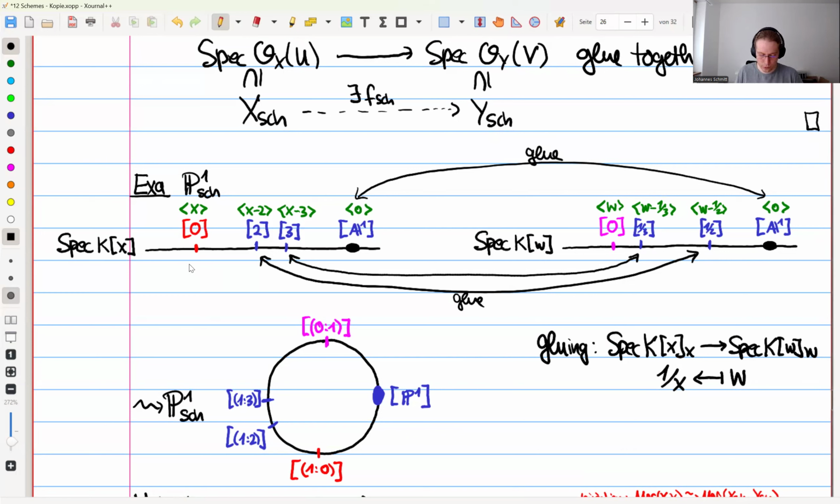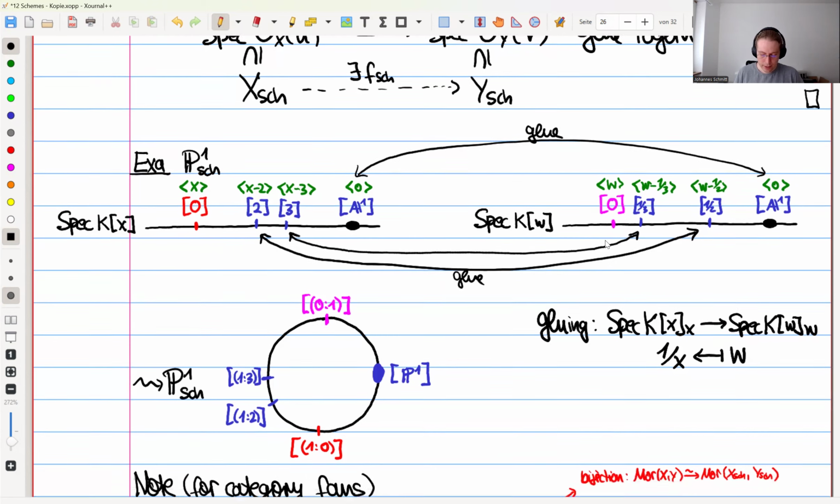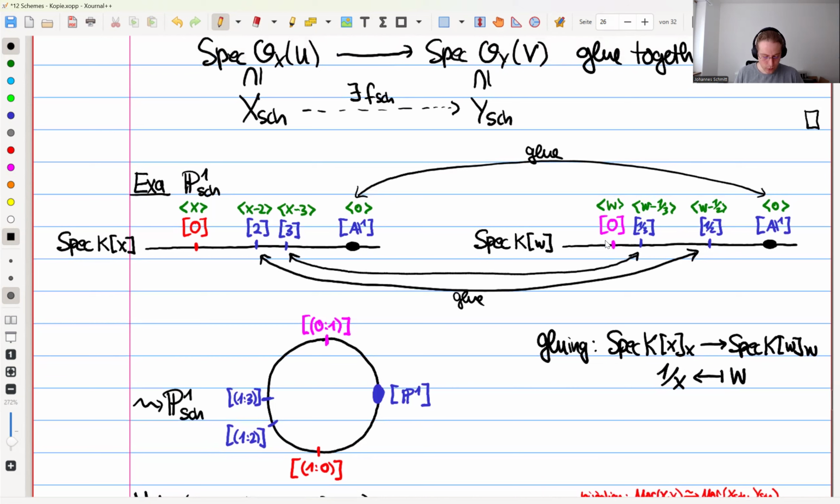If you glue this scheme and this scheme along these open parts, these get identified. The only things which don't get identified are these two 0 points. And so if you write down what space you get, you get a space which has 1 point for each of these closed points away from the zeros.